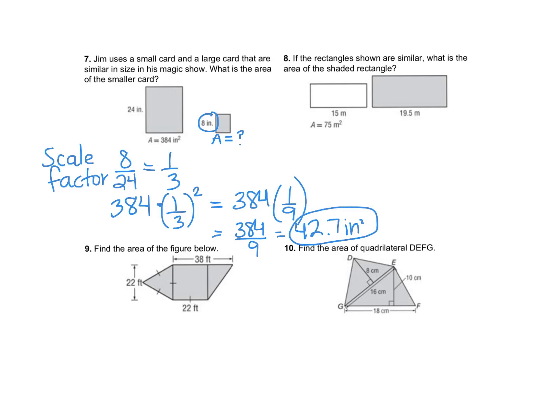So on number 9, I'm going to break it apart into 2 shapes. We have our, I'm going to put EQU for equilateral triangle, which is on the left side. And then in pink, over here, I'll write trapezoid.